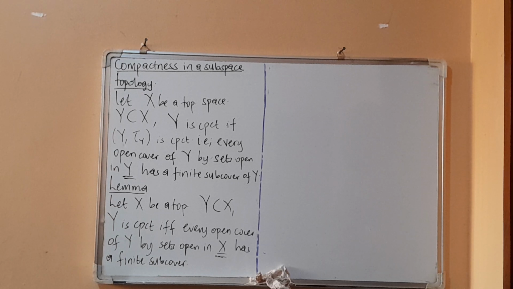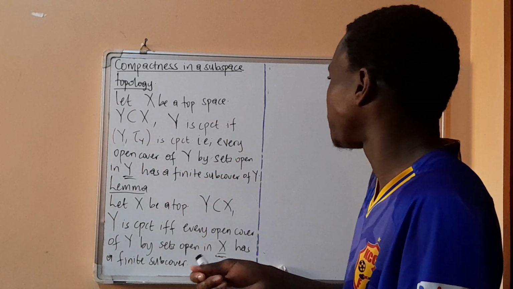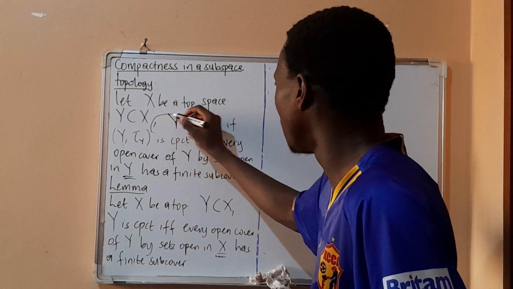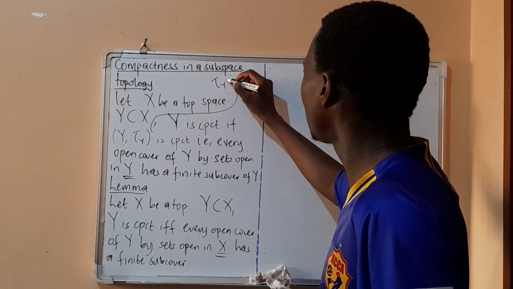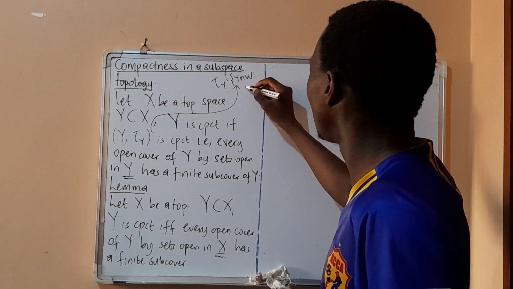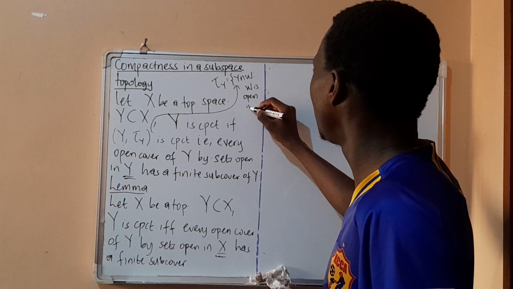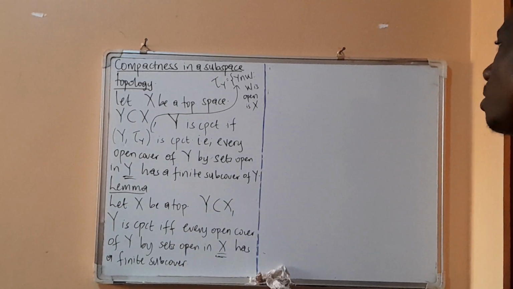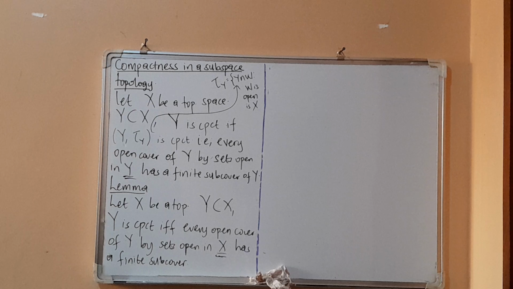But what you have to realize is that in the subspace topology, as I commented in the last video, tau_Y is the collection of open sets of the form Y intersection W, as long as W is open in X. That's the subspace topology. What are we going to do in that case?